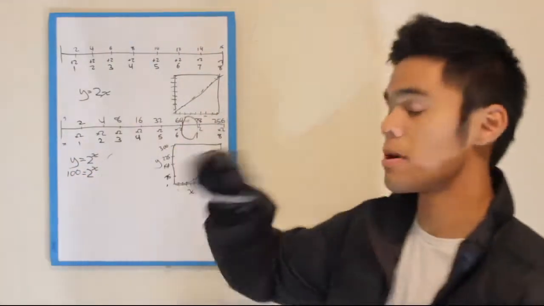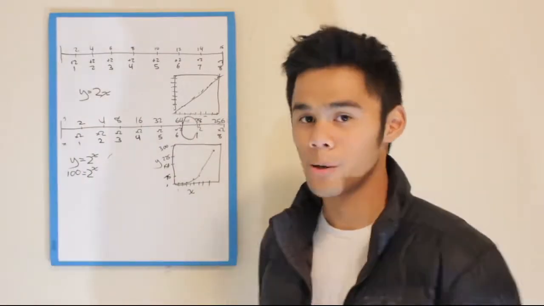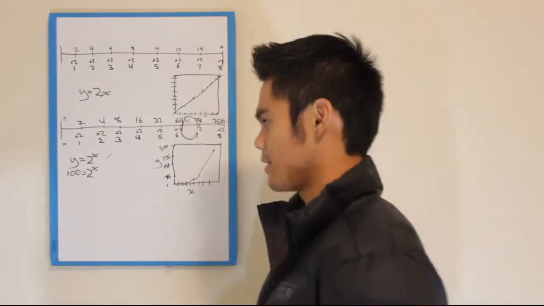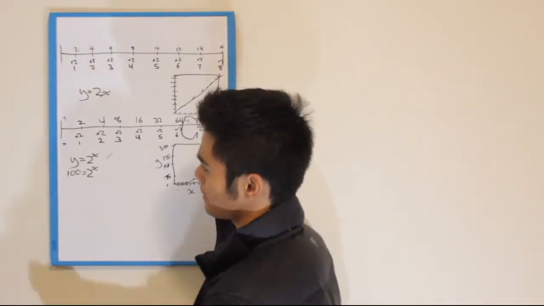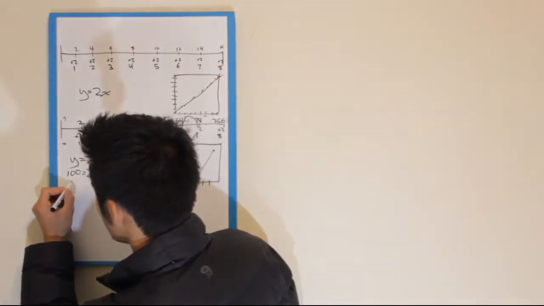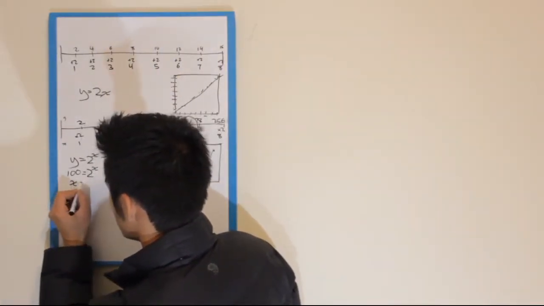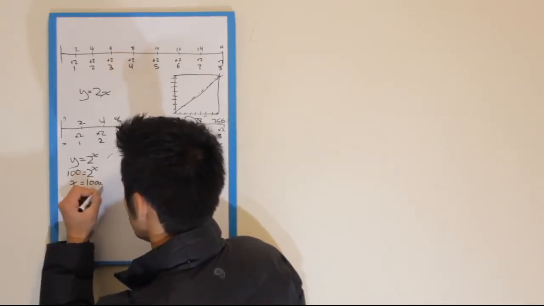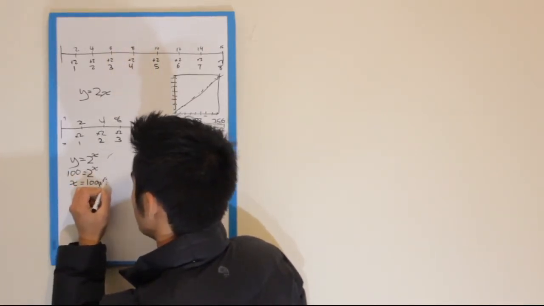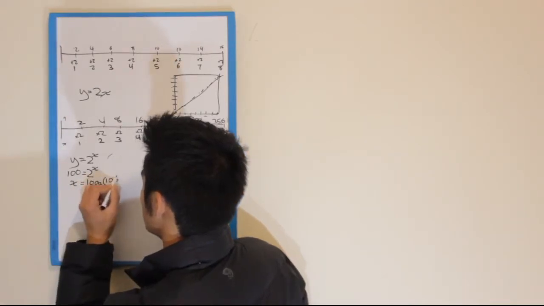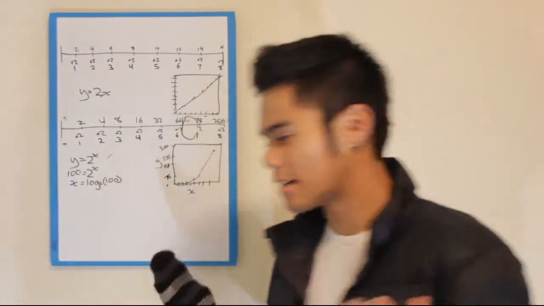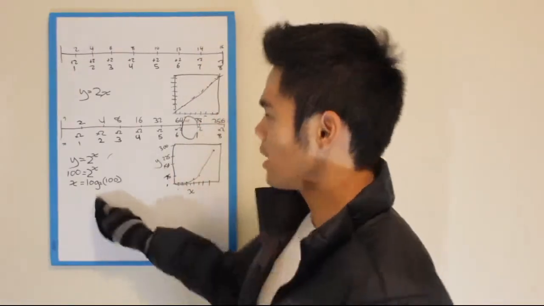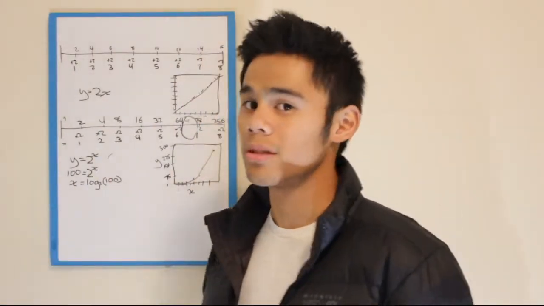Now to solve for this exponent, we're gonna have to convert this into the logarithmic form, just like we learned recently. So that is going to look like x is equal to log base 2 of 100. That's our equation, and we cannot smack that into our calculator yet because log base 2 is not computable.